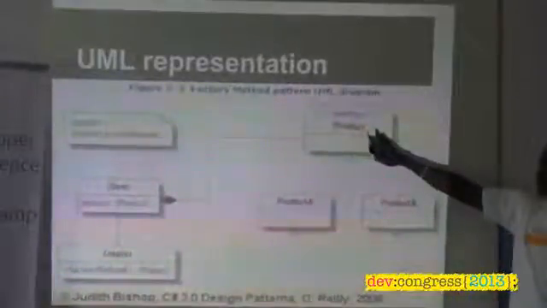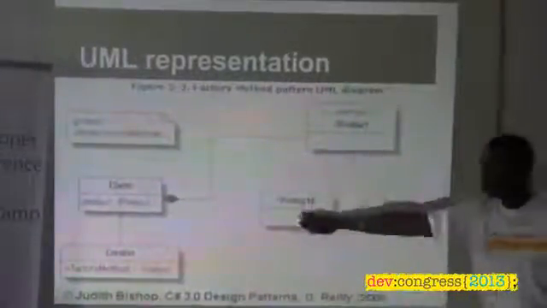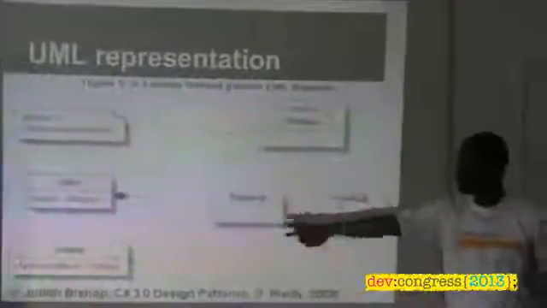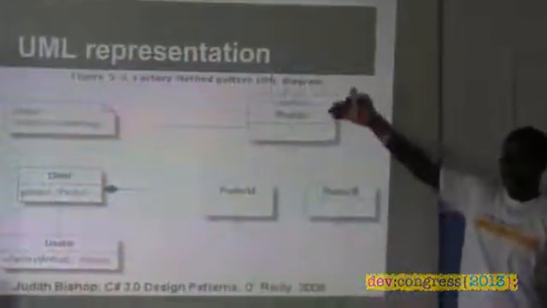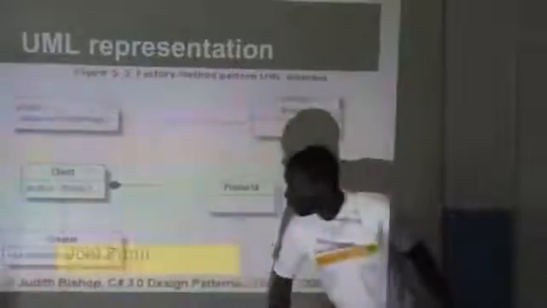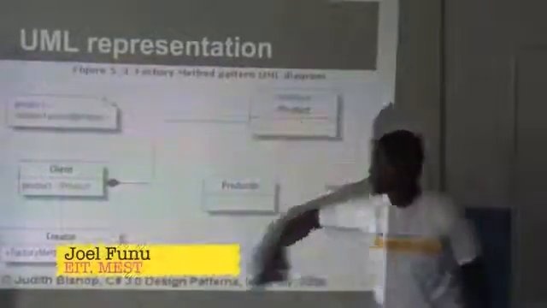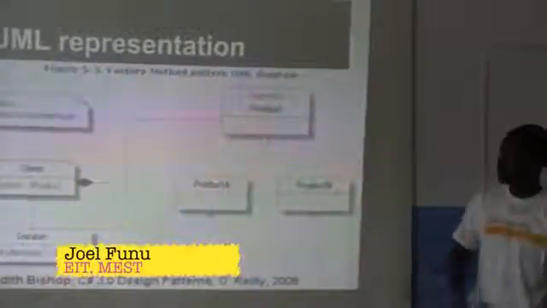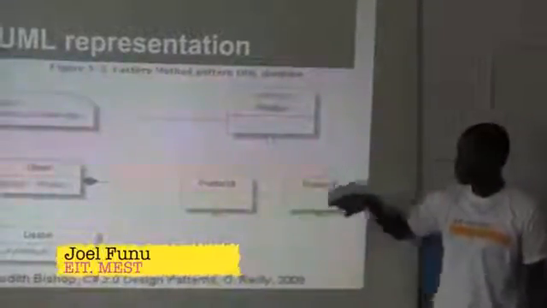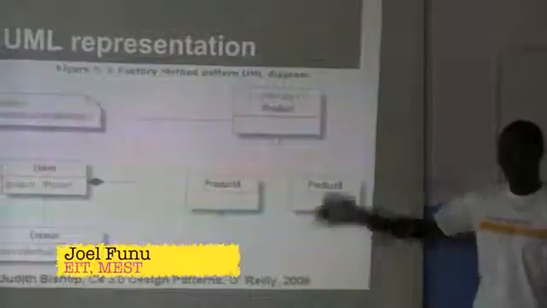So over here we have a product, let's say a vehicle, and then other products that will be implementing this interface, right? And then we have a factory over here that, depending on whatever argument you pass to it at runtime, will decide which of the objects to instantiate.